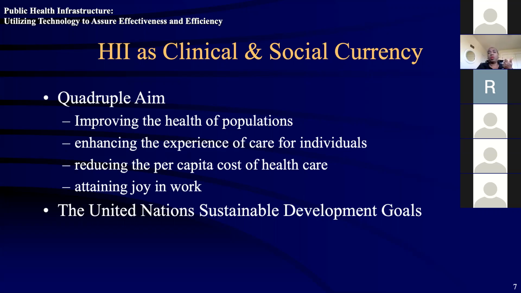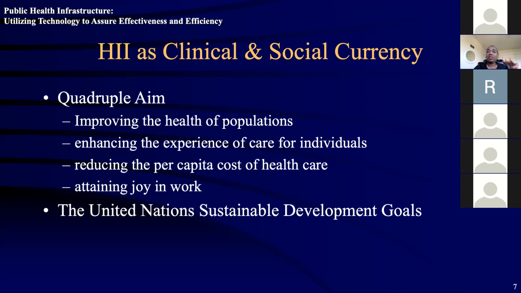Number one, for the Quadruple Aim, there are 4 quadrants to it, okay? Improving the population health. The technology needs to assist and enable and elevate us to do that. 2, enhancing the experience of the individual, the patient, that patient-centric, someone said that.